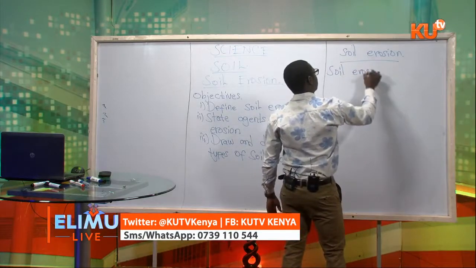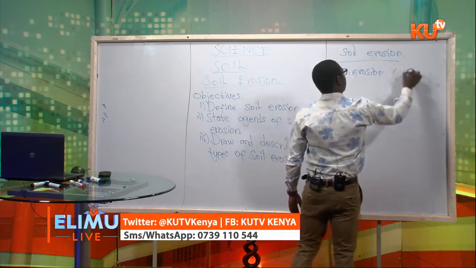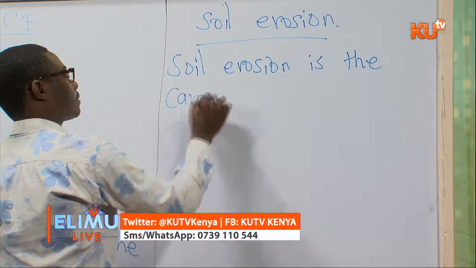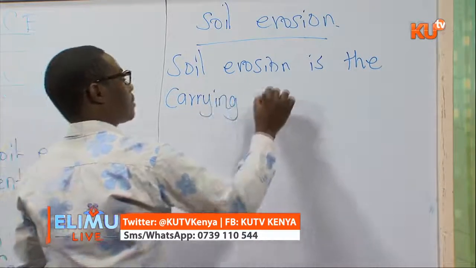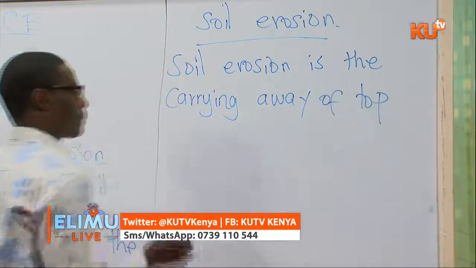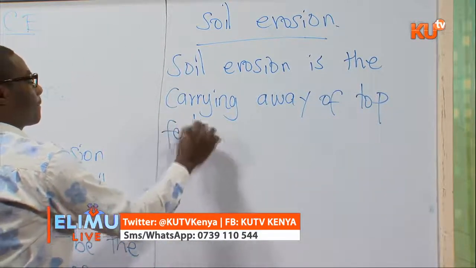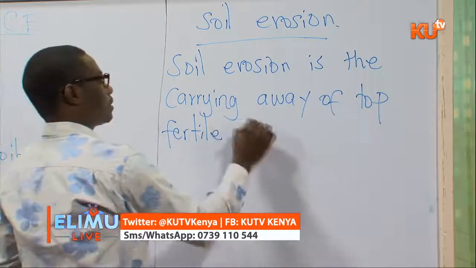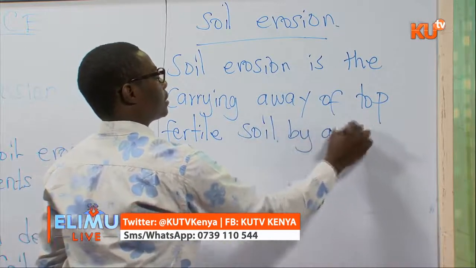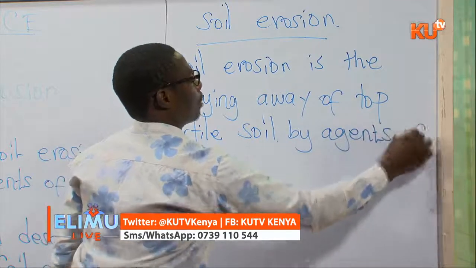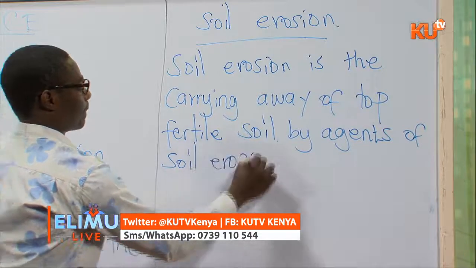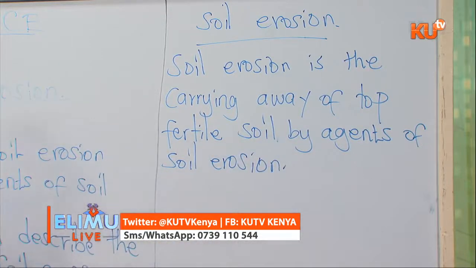Soil erosion is the carrying away of top fertile soil by agents of soil erosion.